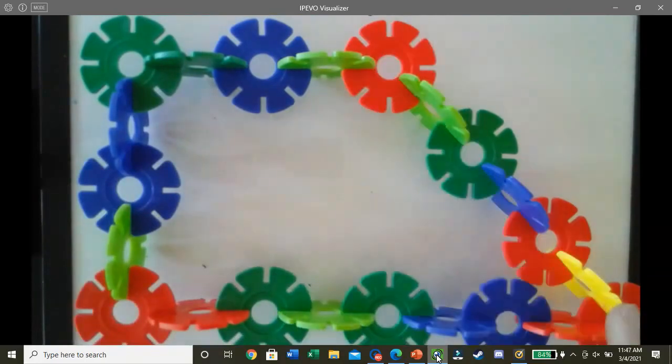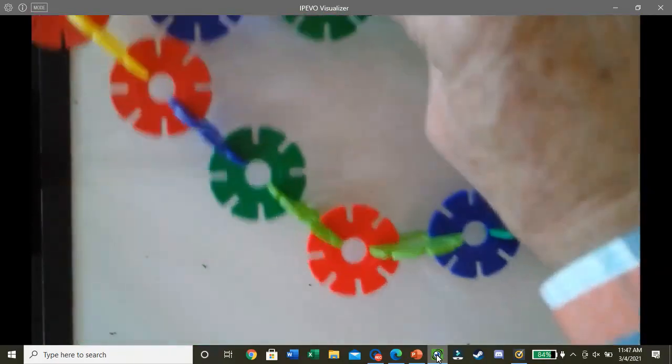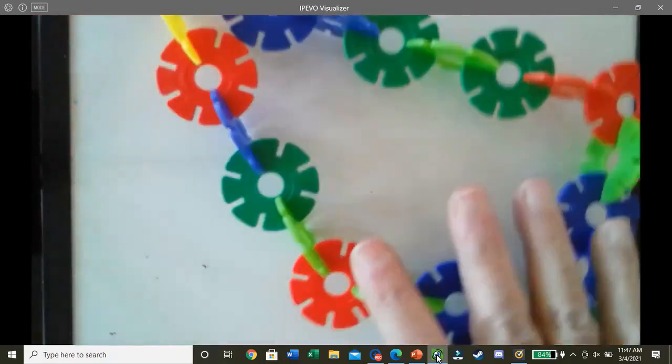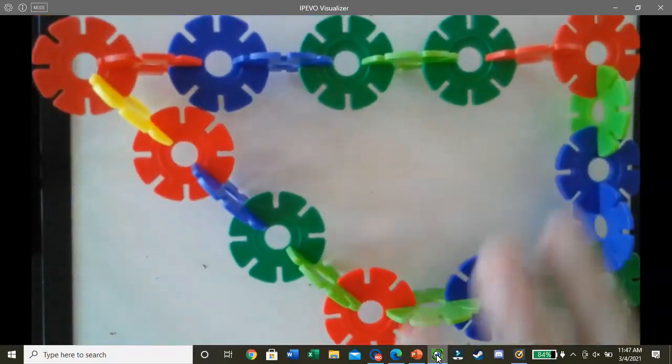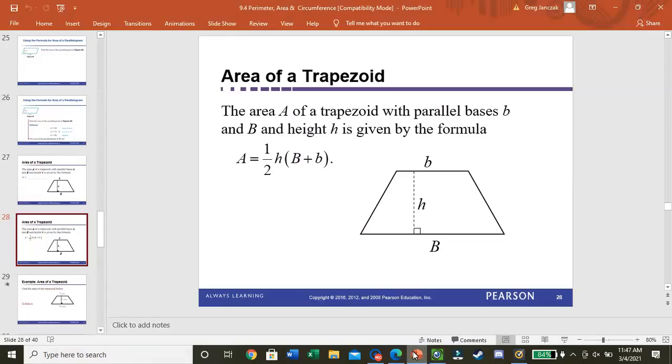The other side is not going to be parallel. You can have it like that, you can have it like this, upside down, doesn't matter, they're still trapezoids. So let's write that down on our formula sheet. So a trapezoid.